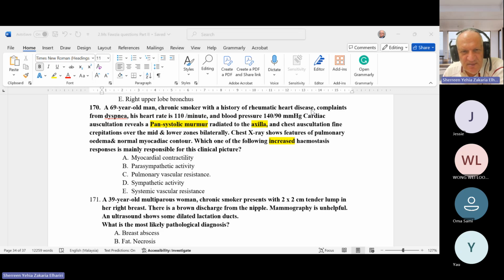Is it increased systemic vascular resistance? No, it is pulmonary vascular resistance. They increase the pulmonary vascular resistance. So the answer is increased pulmonary vascular resistance. So what's your diagnosis again? Mitral regurgitation? Yes, okay.